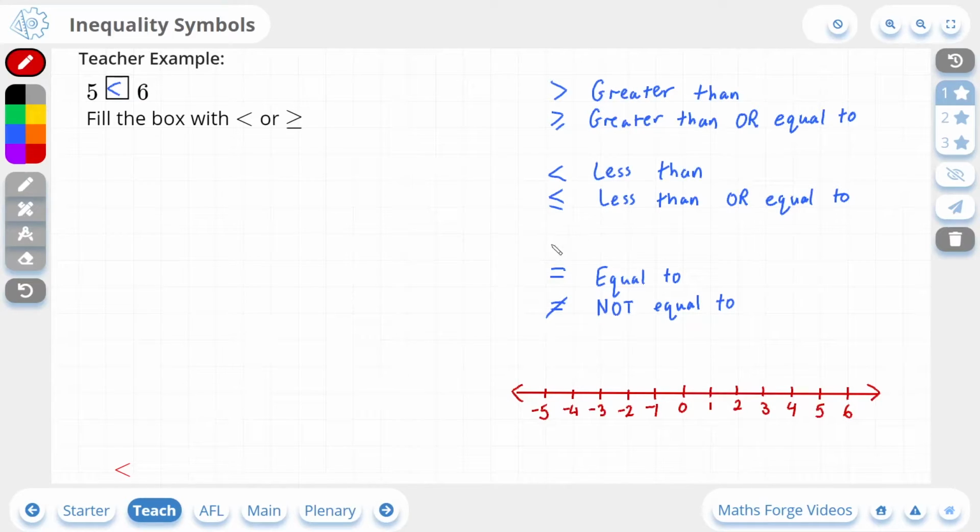Now, I would strongly advise you to make note of these inequality symbols and remember them. And a tip I would give you to remember these more easily is to think of a number line. The greater than symbols kind of look like arrows pointing to the right. And of course, the numbers to the right in a number line are larger. They are greater than the numbers to the left of it.